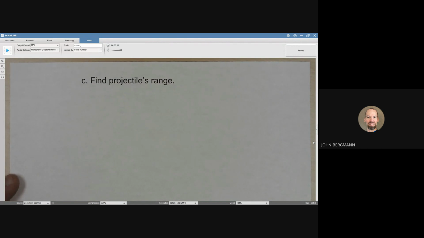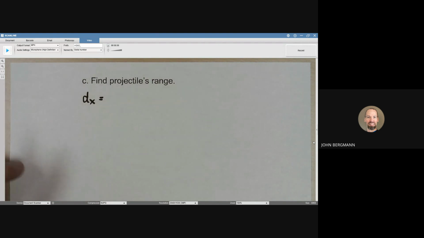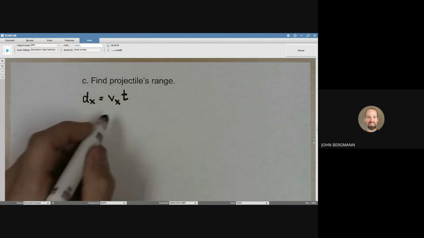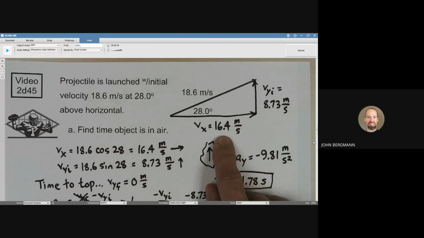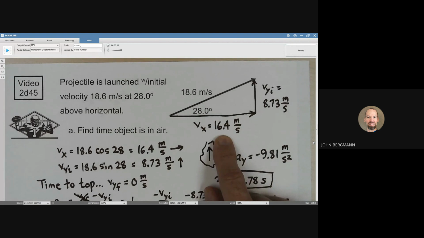Hopefully we're comfortable now saying that the range is dx, and there's only one equation to find dx, and it's Vx times time. The Vx is 16.4, and we want the total distance horizontally that this football goes.